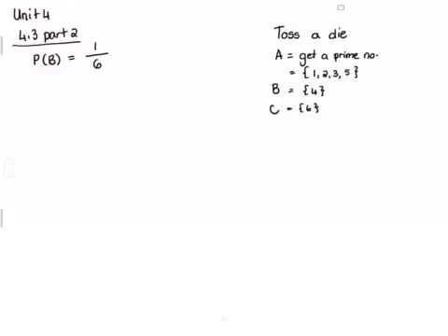So the probability of event B is 1 out of 6. Can you see that would also be the probability of event C? Getting a 6 is still 1 out of 6 because there's one 6 on the die and there are 6 sides. Right, here's a word: complement, with an E, not an I.